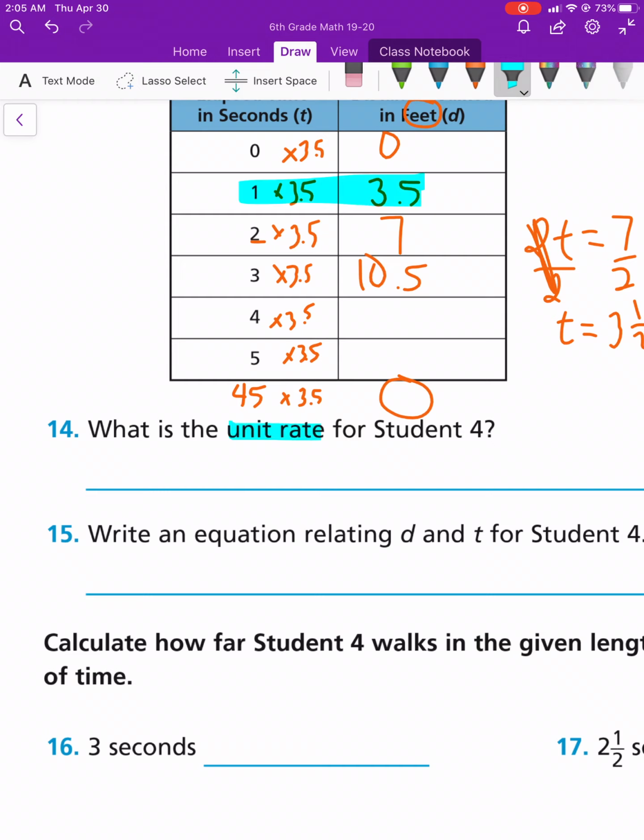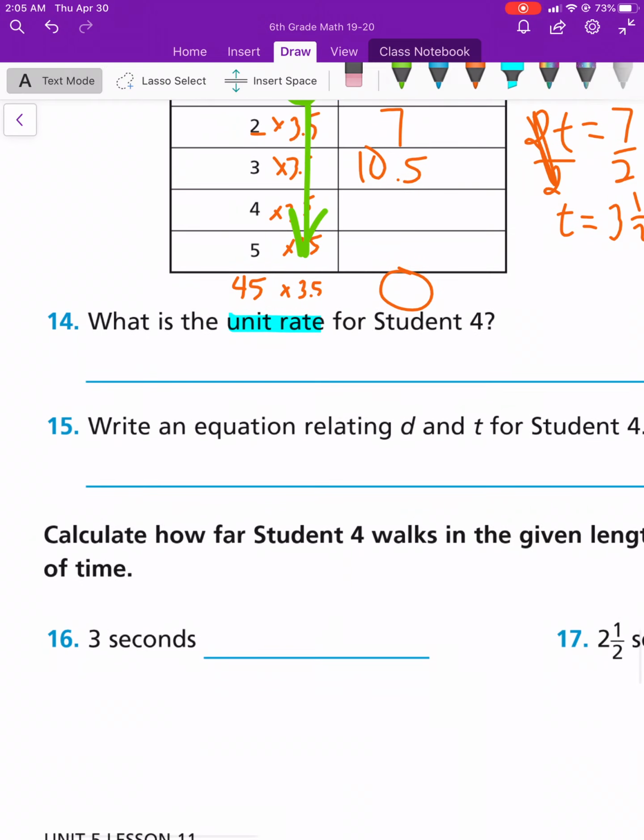What can I multiply by 1, or what can I get it at the simplest form? And that's at 1. 1 times 3.5 is 3.5. So for every 1 second, 3.5 feet, and that's where our rule comes from. That's what makes it simple for the rest of these, right?